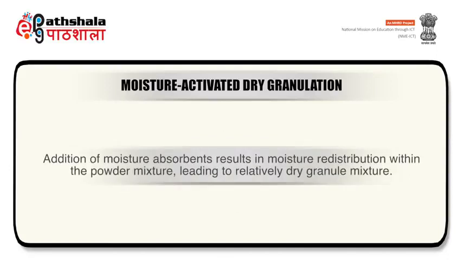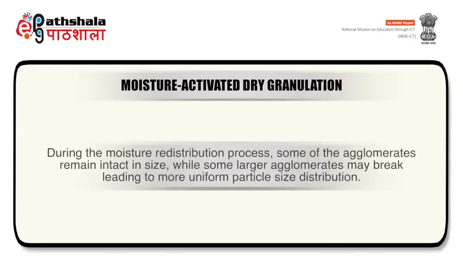Addition of moisture absorbents results in moisture redistribution within the powder mixture, leading to a relatively dry granulate mixture. During the moisture redistribution process, some of the agglomerates remain intact in size, while some larger agglomerates may break, leading to more uniform particle size distribution.